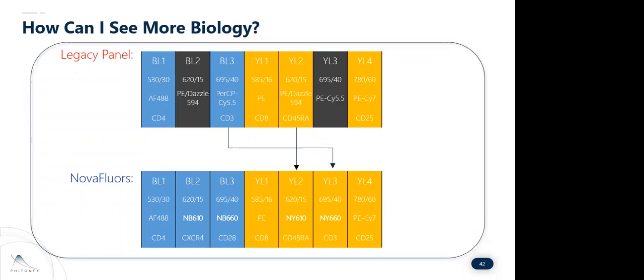So anything above that in the spectrum has the donor molecule coming from the BUV395, and then there's the acceptor. So it's less about the degradation and more about the lot-to-lot stability. But there is some process happening there, and those have to be made under pretty specific conditions, as well as the issues that happen when you start to use them together and have some exchange. And that's why you have to use the Brilliant buffer. So thanks for the great question, though. Yeah, that's a really good question.